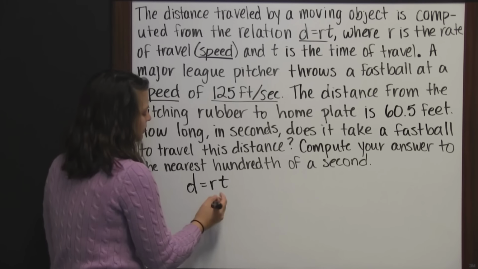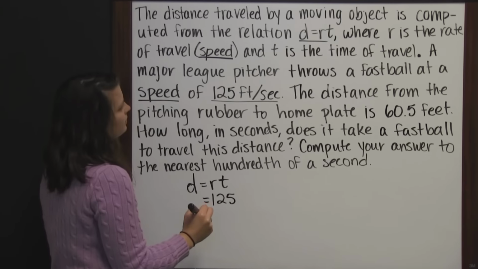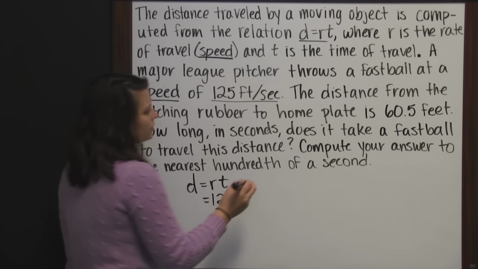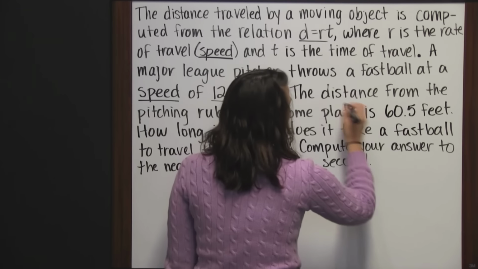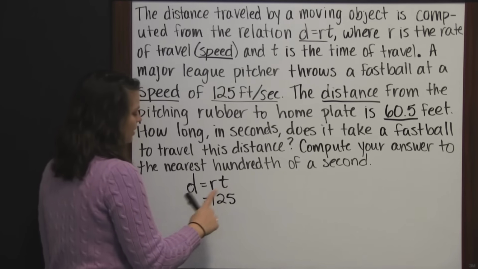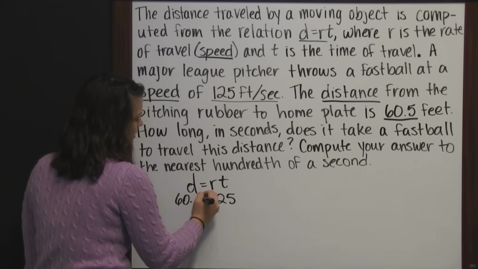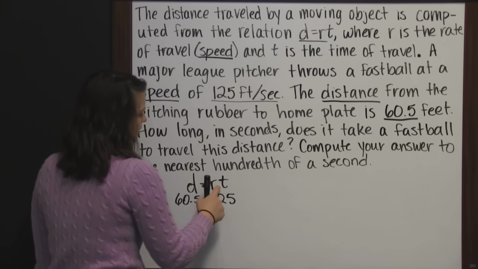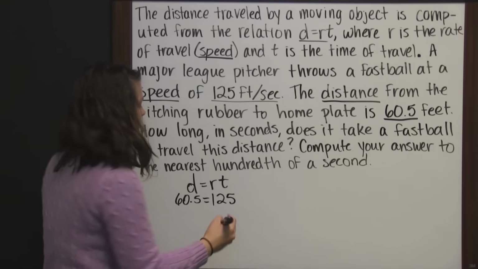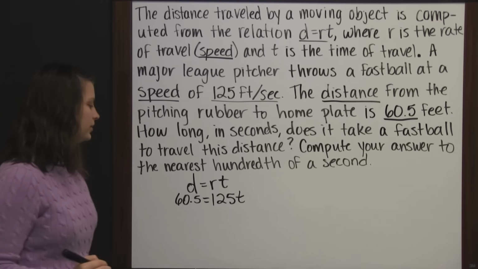So that means I'm going to replace r with 125. Then they also gave me the distance, 60 5/10 feet, which means I'm going to replace d with 60 5/10. And so t is what I'm trying to find. So the t will stay there in my equation.